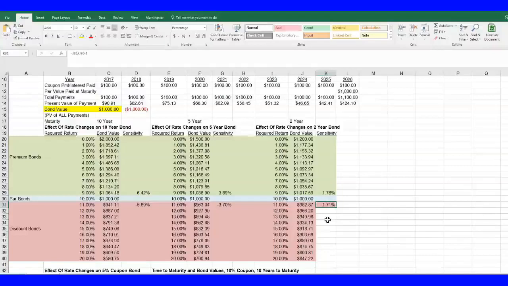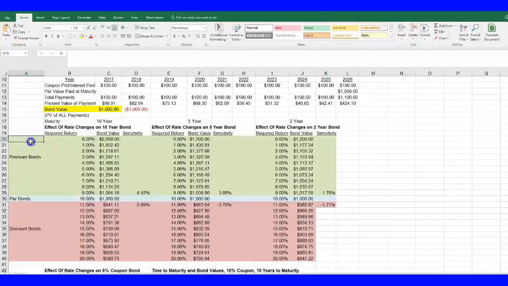So we can see that the longer the maturity of the bond, the more sensitive the bond is to changes in interest rates. That's what we refer to as interest rate risk or maturity risk. Bonds with longer maturities are more sensitive to interest rate changes than bonds with short maturities.